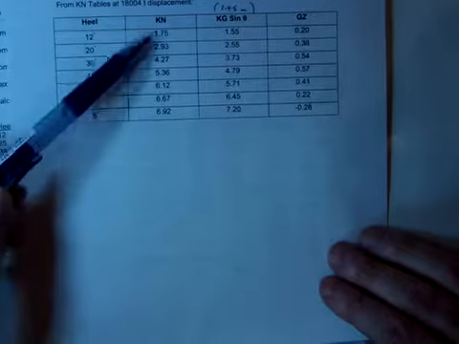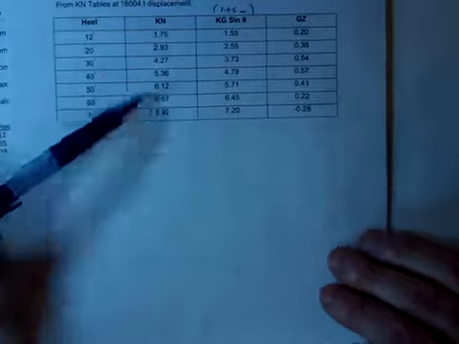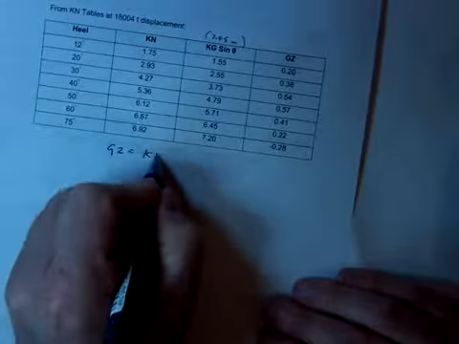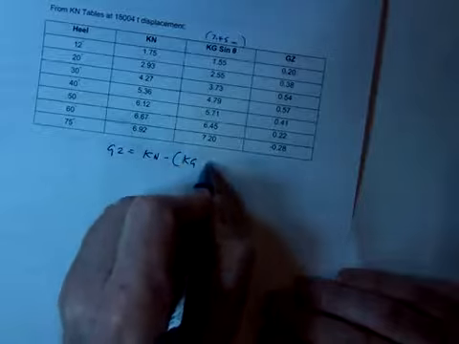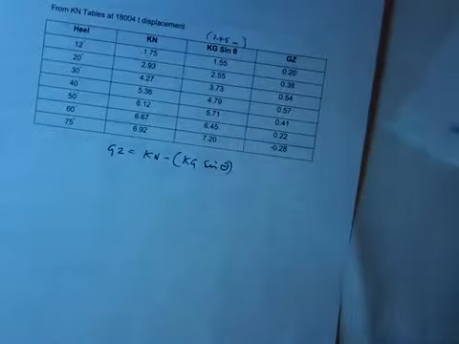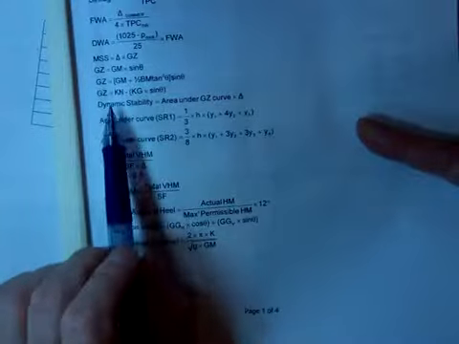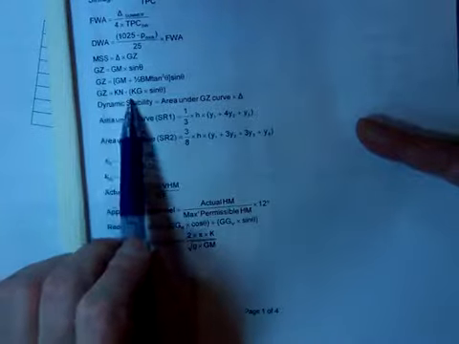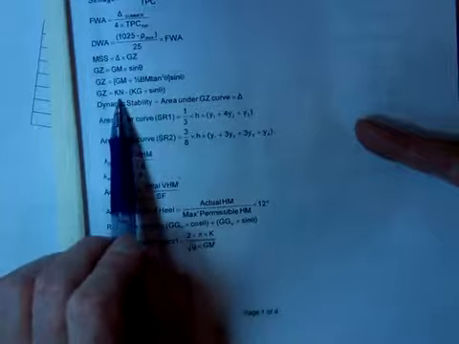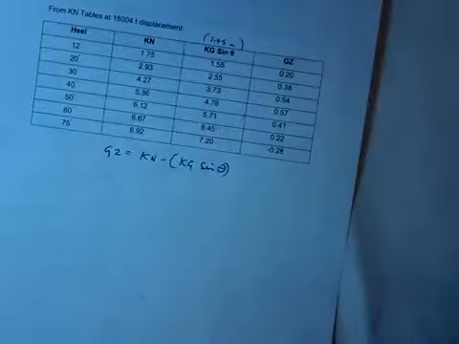We'd write down the angle of heel and the KN values. And we know that GZ equals KN minus KG sine theta. If we look at our stability formula booklet, it tells us there that GZ equals KN minus KG sine theta, and that's the only time you use this GZ formula, when we're going to draw up a GZ curve.